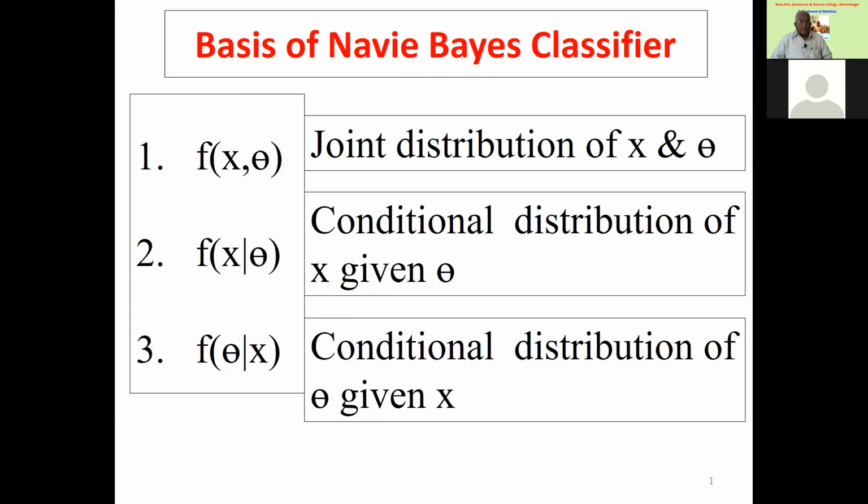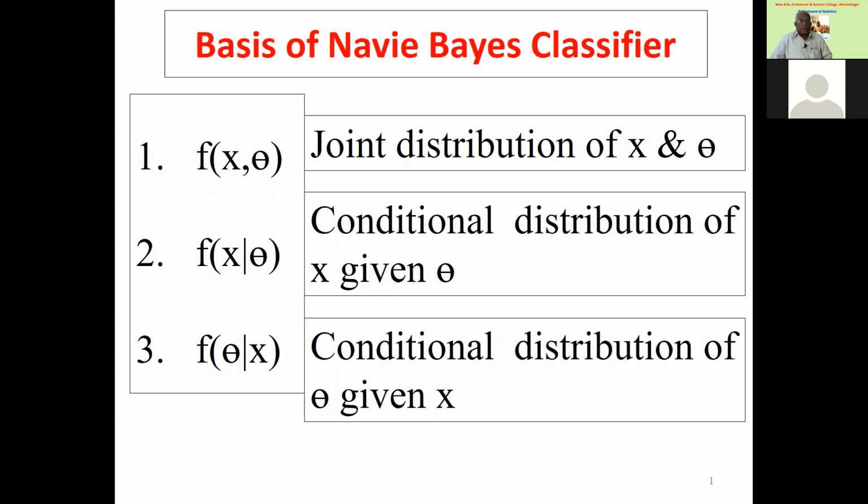When I write f of x comma theta, it means it is a joint distribution of x and theta. That means both x variable and parameter are random variables, and we are finding the joint probability of the variable and parameter theta.